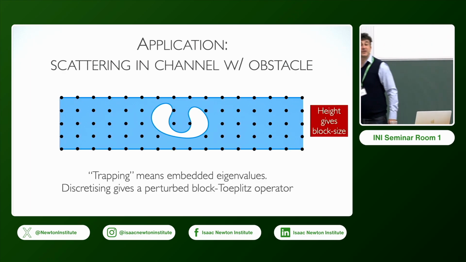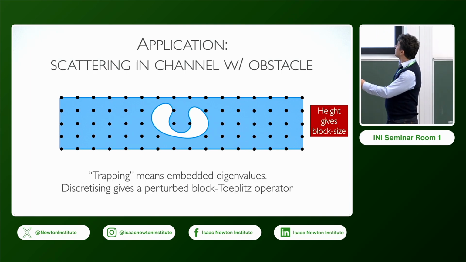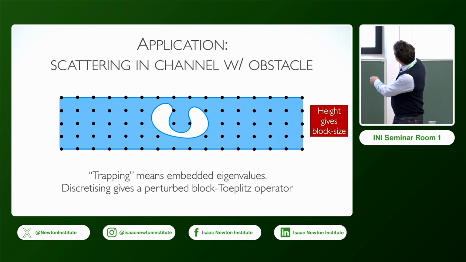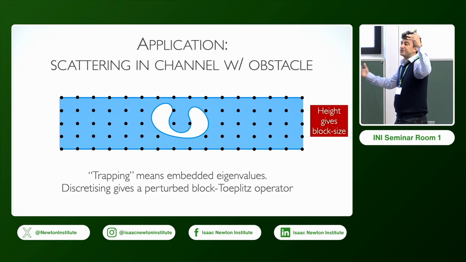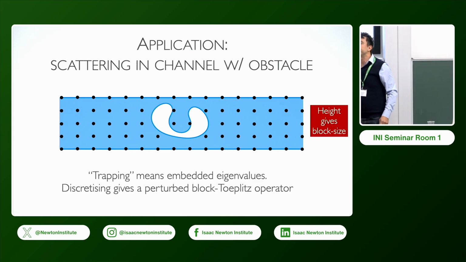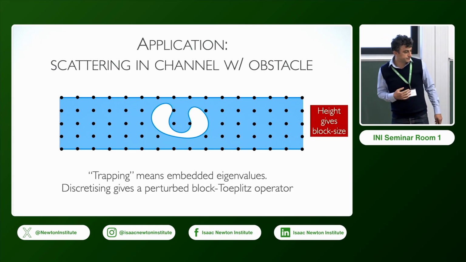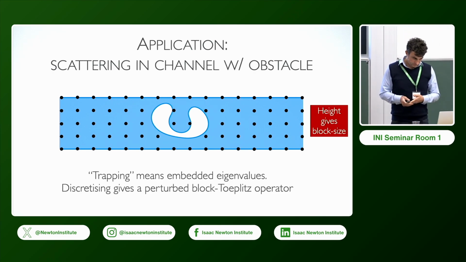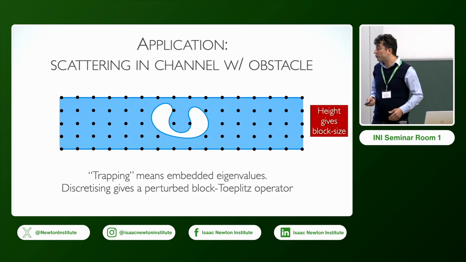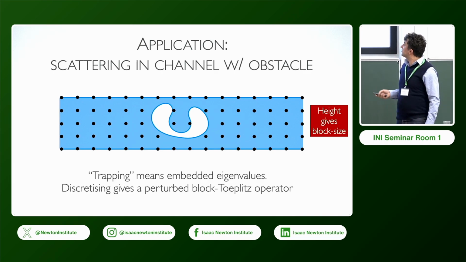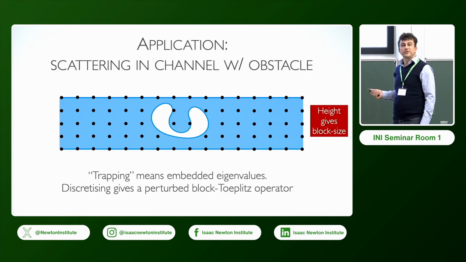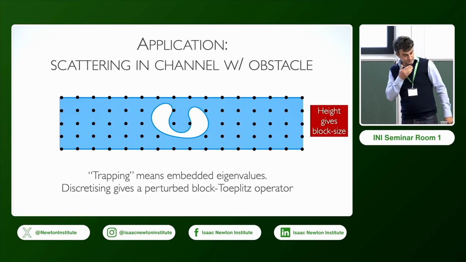And when we discretize it, let's say we do a finite difference discretization of this, at infinity this looks exactly like a block Toeplitz operator. So this is actually a special case of our block Toeplitz plus finite perturbation. The finite perturbation is coming from here, and then the block Toeplitz is coming from there. And this is sort of things people struggle with. There are very good numerical methods for computing embedded eigenvalues, but it's still a challenge.